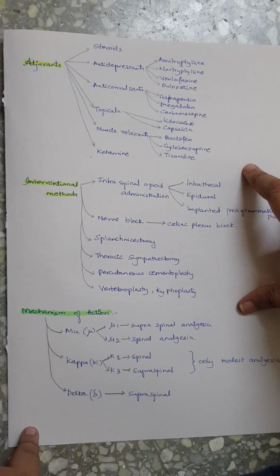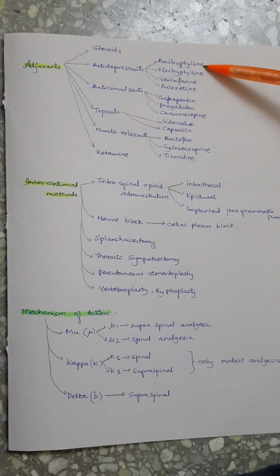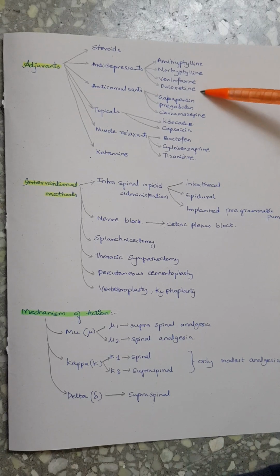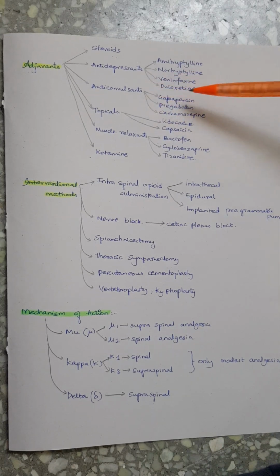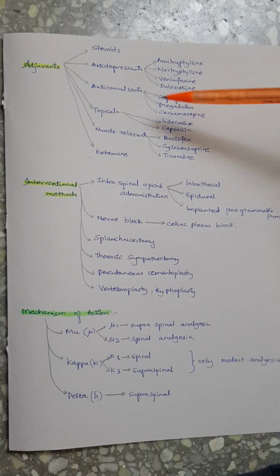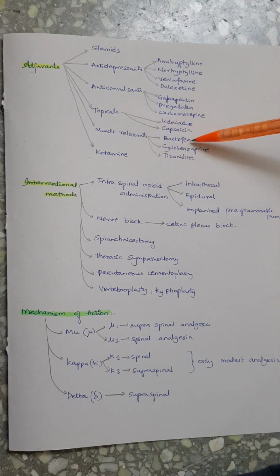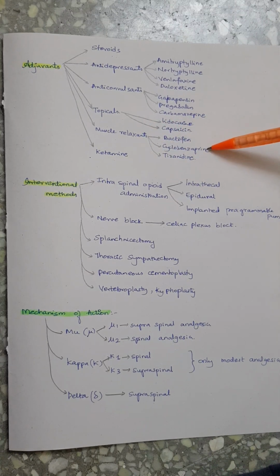Now, these are the adjuvants. Adjuvants can be steroids, antidepressants like amitriptyline, nortriptyline, venlafaxine, and duloxetine, anticonvulsants like gabapentin, pregabalin, and carbamazepine, topicals like lidocaine and capsaicin, and muscle relaxants like baclofen, cyclobenzaprine, and tizanidine.